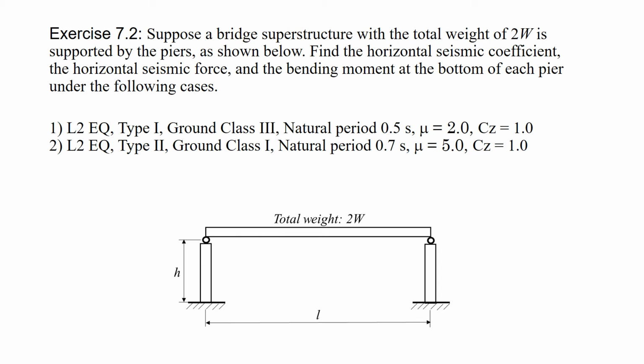L2 earthquake type 1, ground class 3, natural period 0.5 second, mu equal 2.0, Cz equal 1.0. 2. L2 earthquake type 2, ground class 1, natural period 0.7 second, mu equal 5.0, Cz equal 1.0.